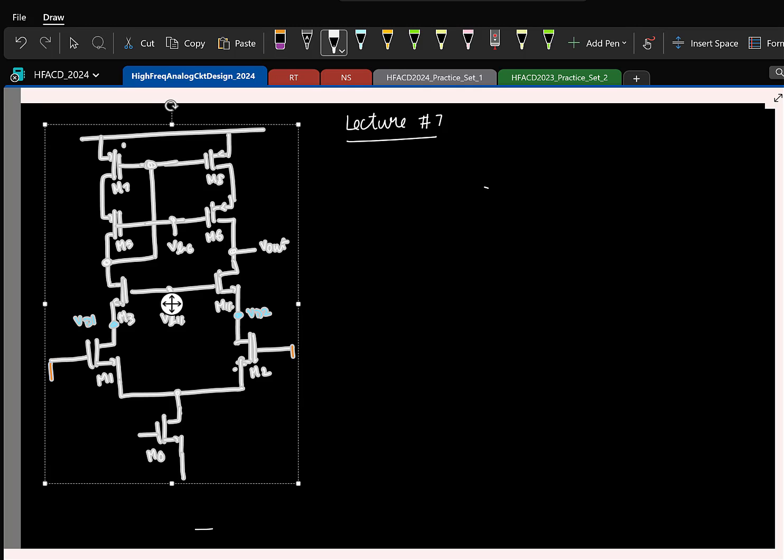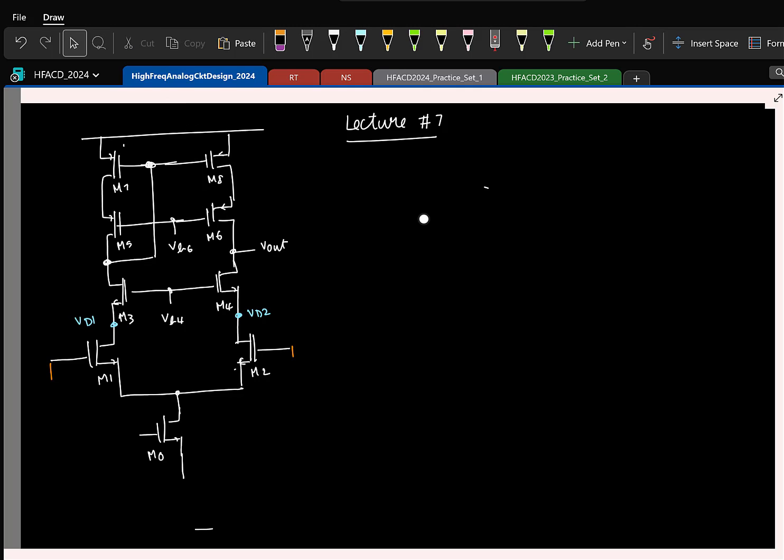In this telescopic cascode, what was the small signal gain? GM of which transistor? M1 or M2, let's say M2, times what is the output resistance?